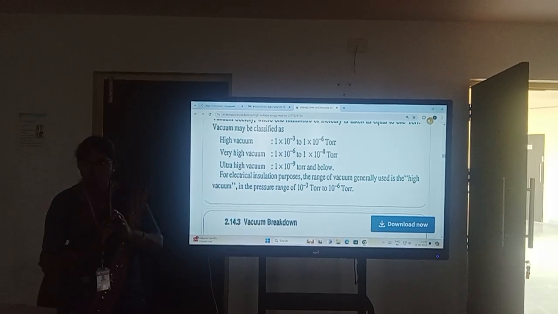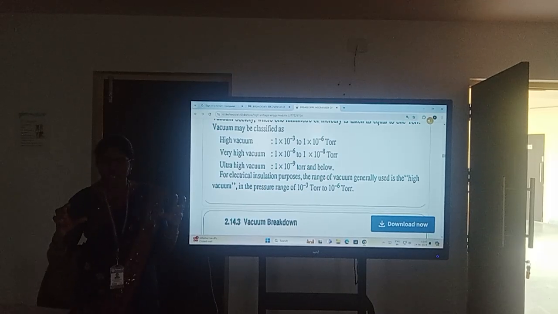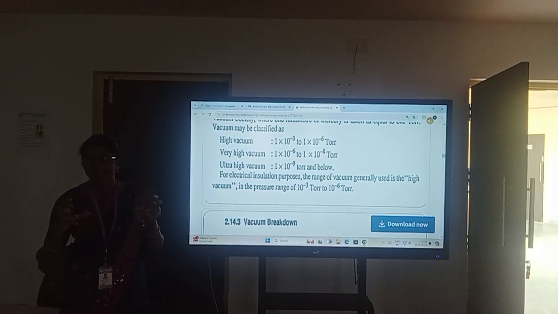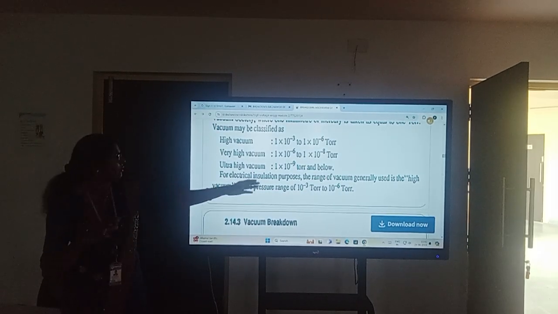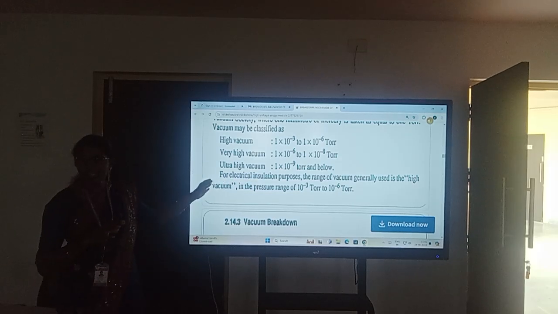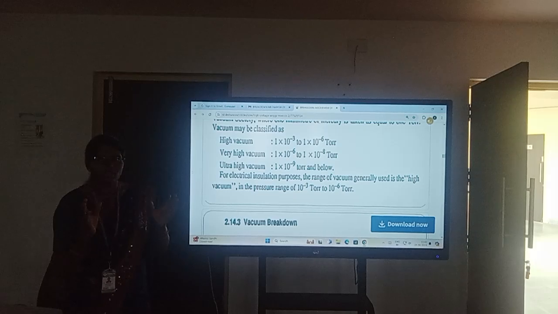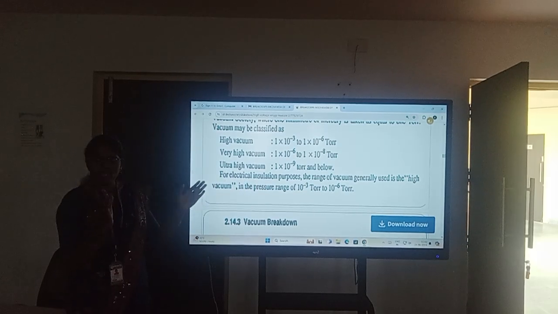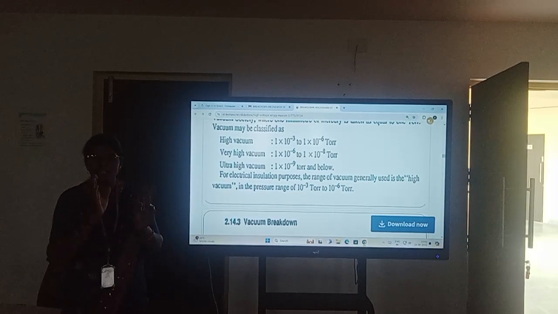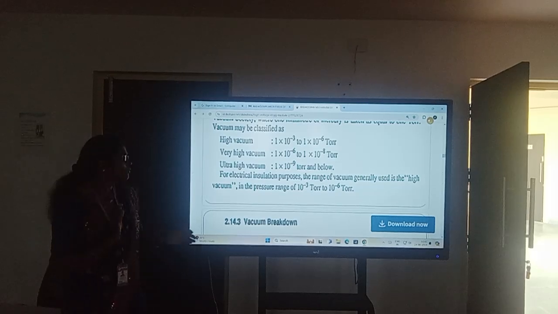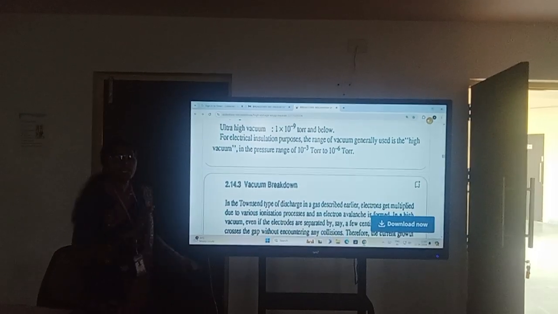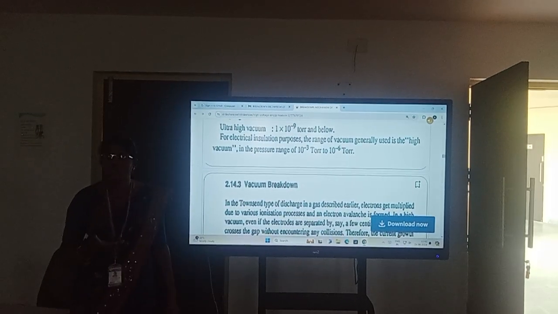For vacuum breakdown in a high voltage transmission line, we will be using the high vacuum condition. What is its range? Around 10 to the power minus 3 to 10 to the power minus 6. Under this condition we will be applying insulation to the circuit.